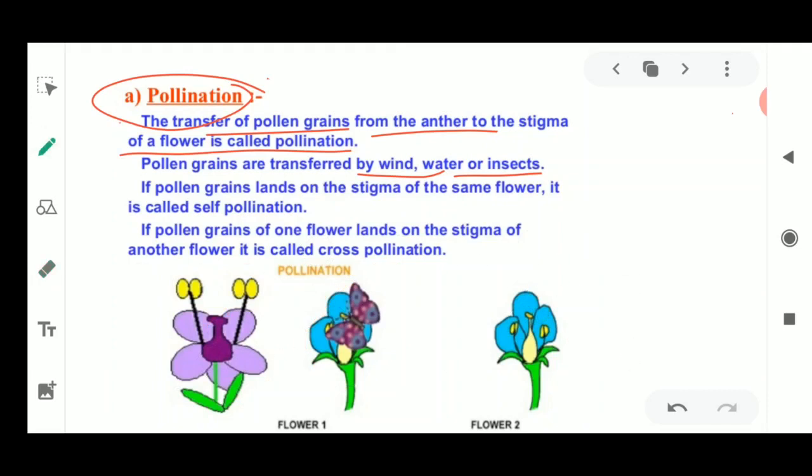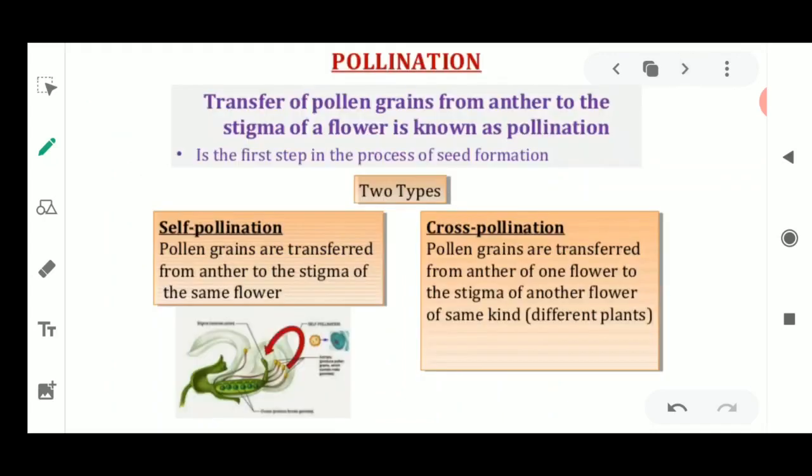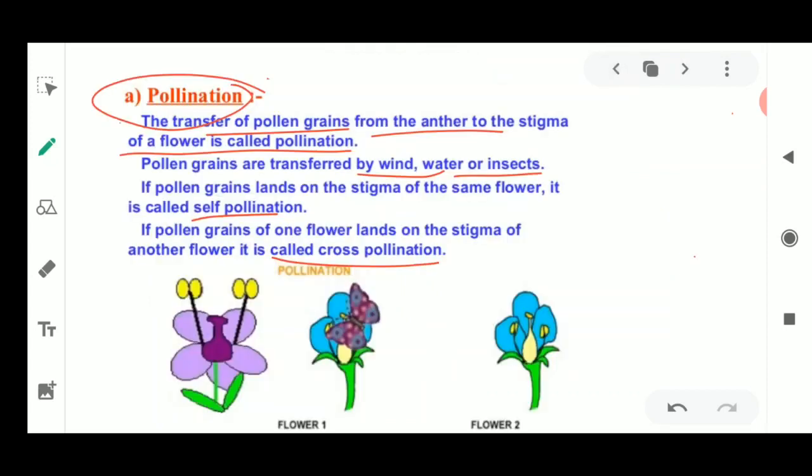Now the question comes, the types of pollination. There are two types of pollination, self pollination and cross pollination. Now what are self pollination and cross pollination? We'll study. If the pollen grains land on the stigma of the same flower, it is known as self pollination.